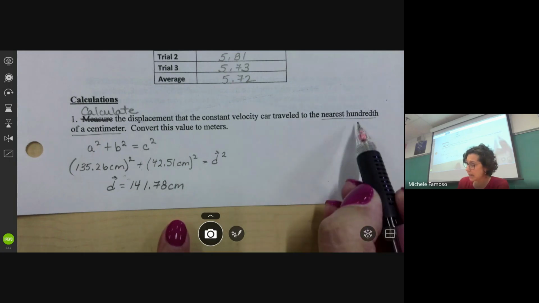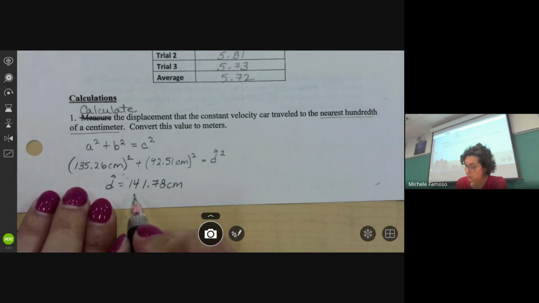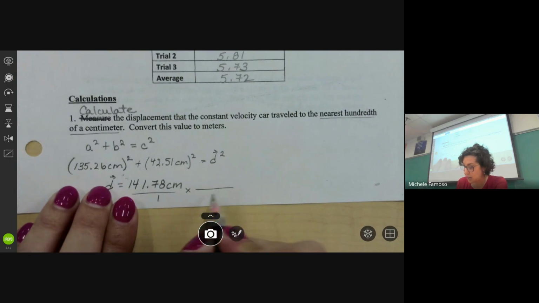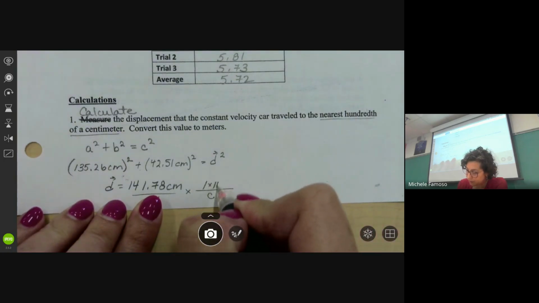Now, next thing it says is to convert that to meters. So when we convert it to meters, now you got to look up that prefix centi on your reference table. What is the prefix centi? Take a look. Look at your reference table, page 1. What's the power of 10 associated with centi? 10 to the negative 2.